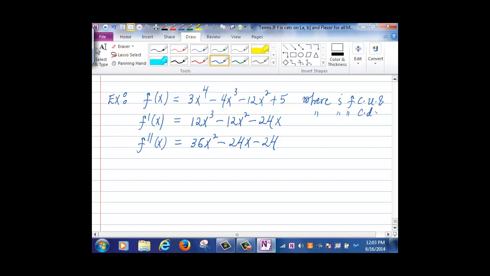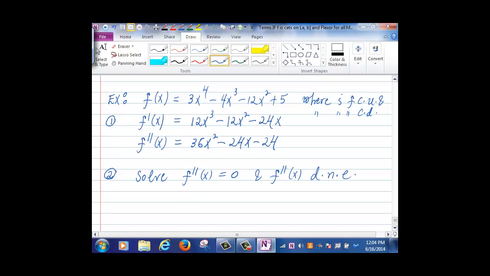So if that's the only question, then the first step is what I did. You find the second derivative, and the second step would be you want to know where the second derivative is 0. So solve where the second derivative is 0, and where the second derivative does not exist. Okay, these are the two things you have to solve.